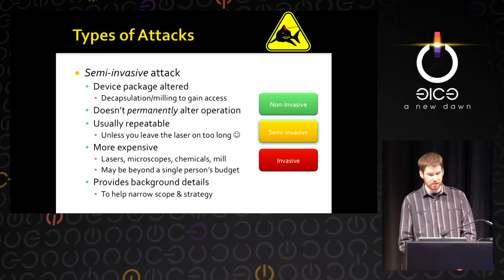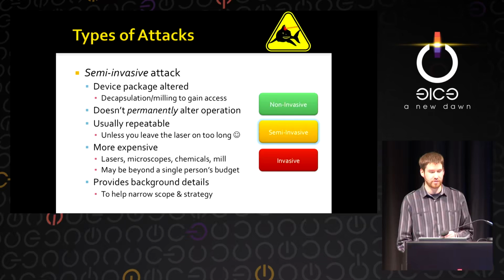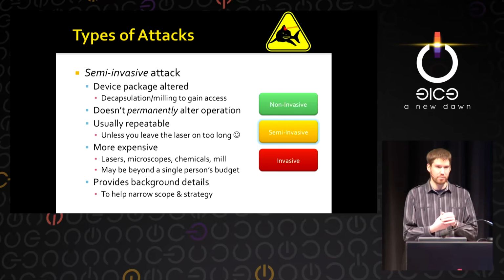So the second major class of attack is semi-invasive. This is where you are altering the package of the device. So you might decapsulate, so you might etch away the epoxy packaging of the chip, or you might mill the chip from the top or the bottom to gain better access to the actual die sitting inside the chip package.